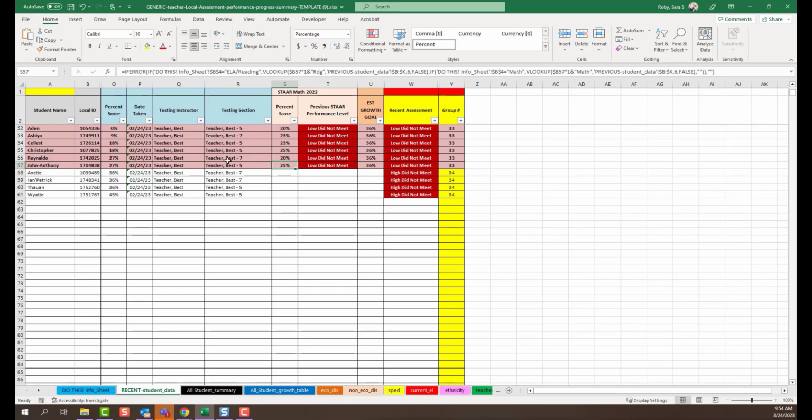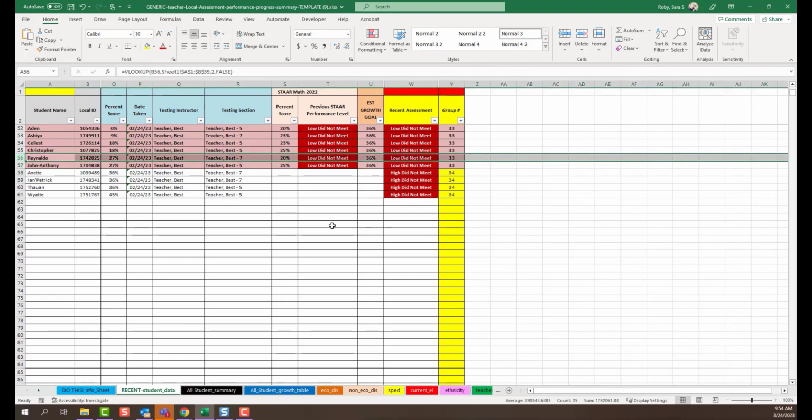He got a 25% on last year's STAR, and he got a 27% on this assessment he just took. You know what? That's still growth. I'm going to celebrate him. But I'm going to make sure he knows that he needs to start shooting for at least a 36%, because we want to get him into that next bucket, which would be a high did not meet.